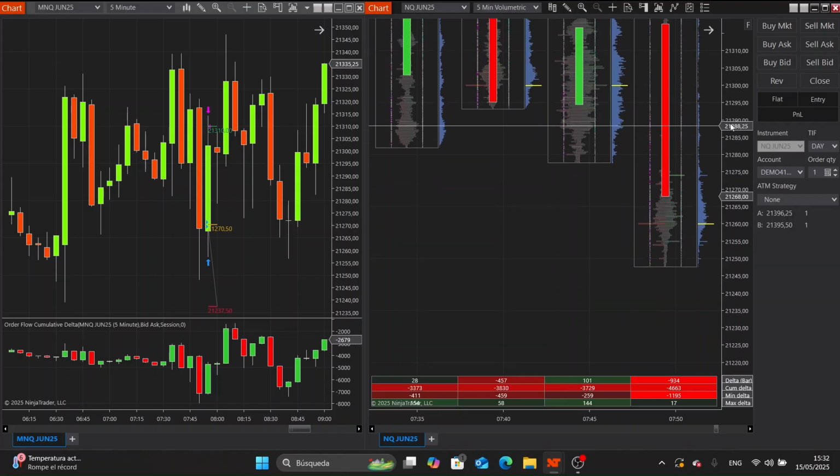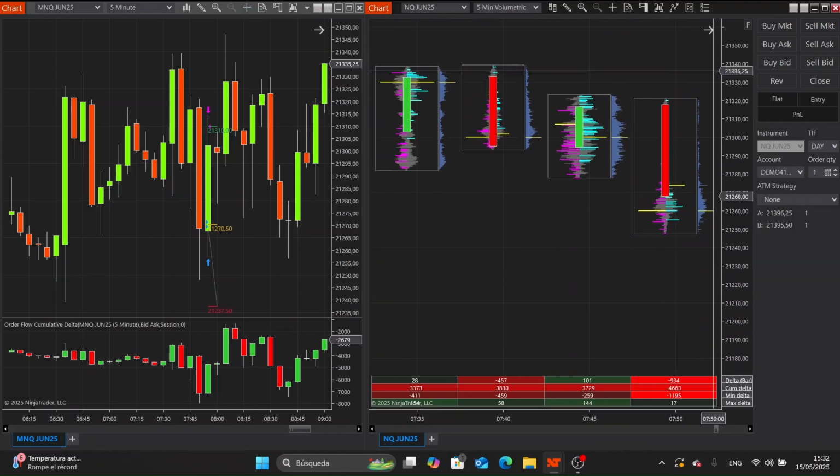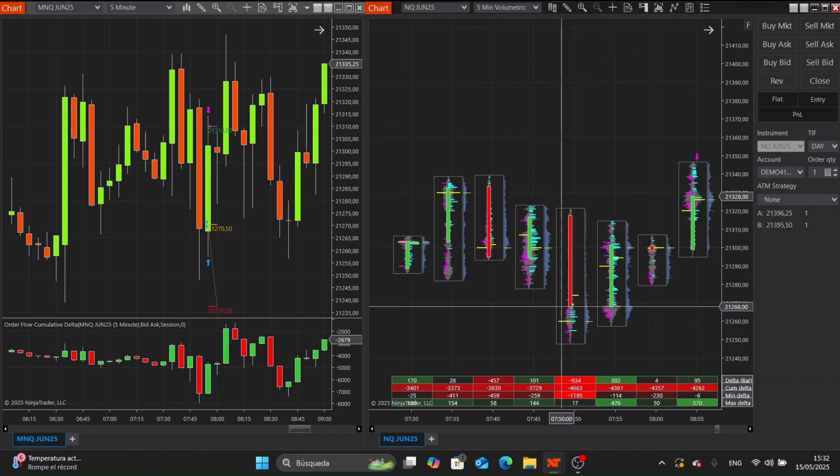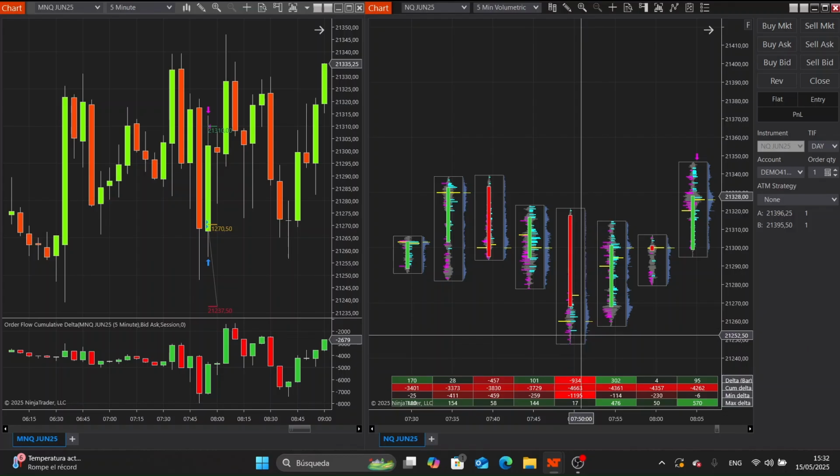So let me reduce this also because it's kind of lagging. Yeah, we see we have a lot, and I say a lot, of seller presence here. Sellers are pushing the sell market button like crazy. But what happened?